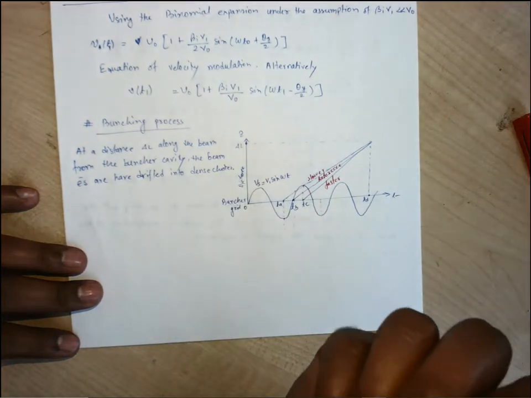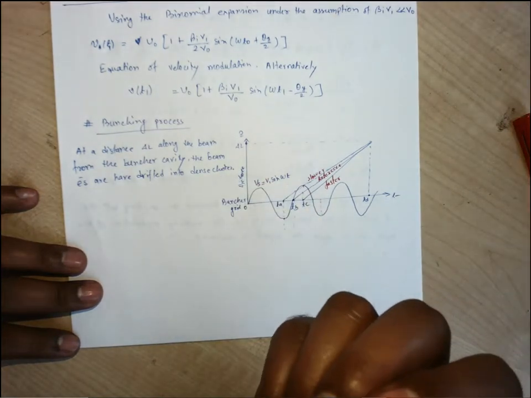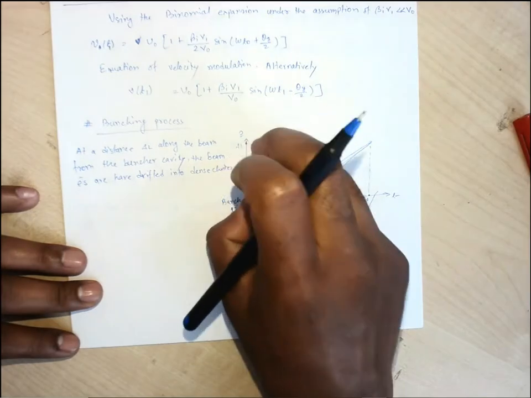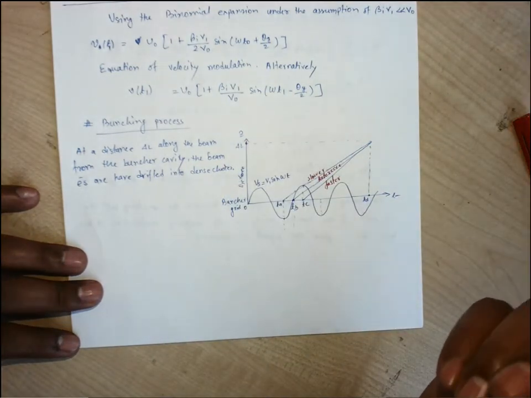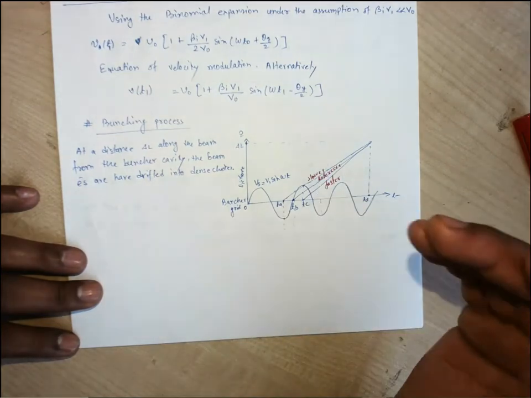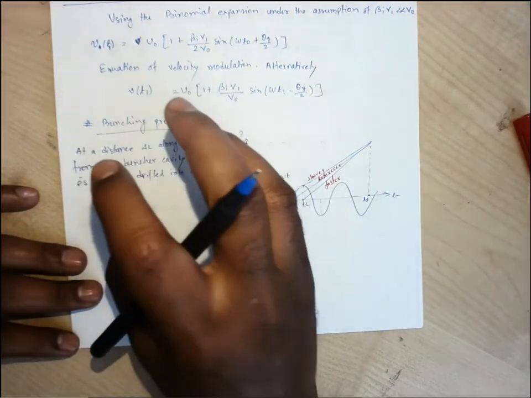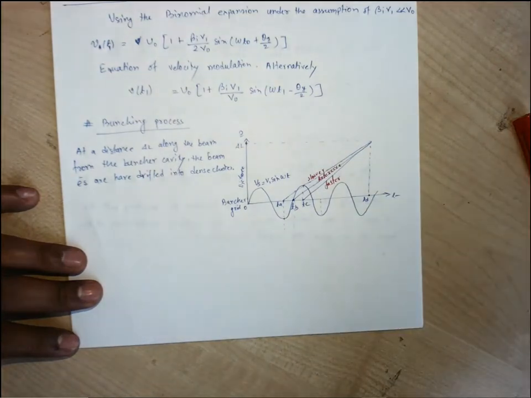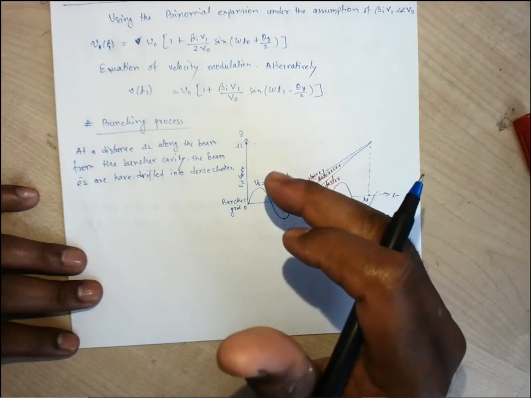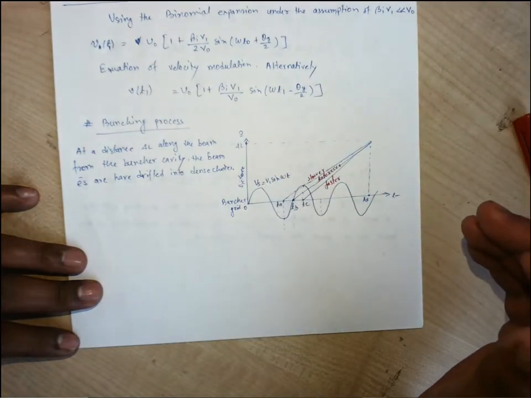So within this distance del L, the electrons which get velocity modulation have drifted into the denser cluster, meaning so many electrons are coming into the same location to form a bunch. They have drifted into some location where the number of electrons is quite large.